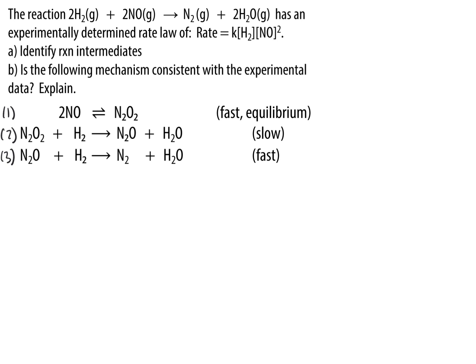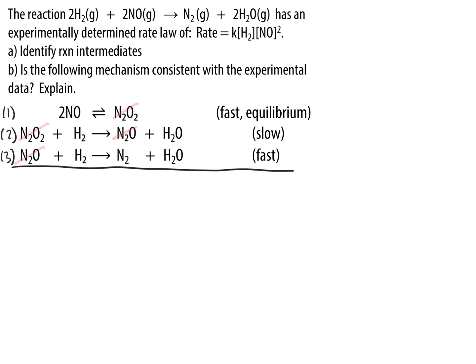Okay, first, reaction intermediates. That's really a part of that step 1 where we generally try to add up all the steps. If we do that here, we see N2O2. N2O2 is produced and then consumed, so that's an intermediate. N2O is produced and then consumed.